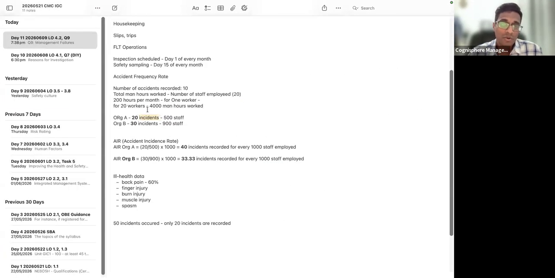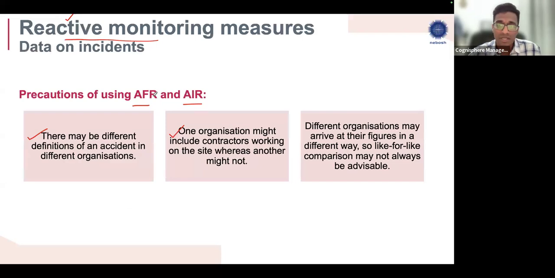When you are calculating the man hours, some organizations may only include the man hours of their own staff, while another may include the contractor man hours in that analysis. That could be another thing that we need to check. Different organizations may arrive at their figures in a different way, so like for like comparison may not always be advisable.